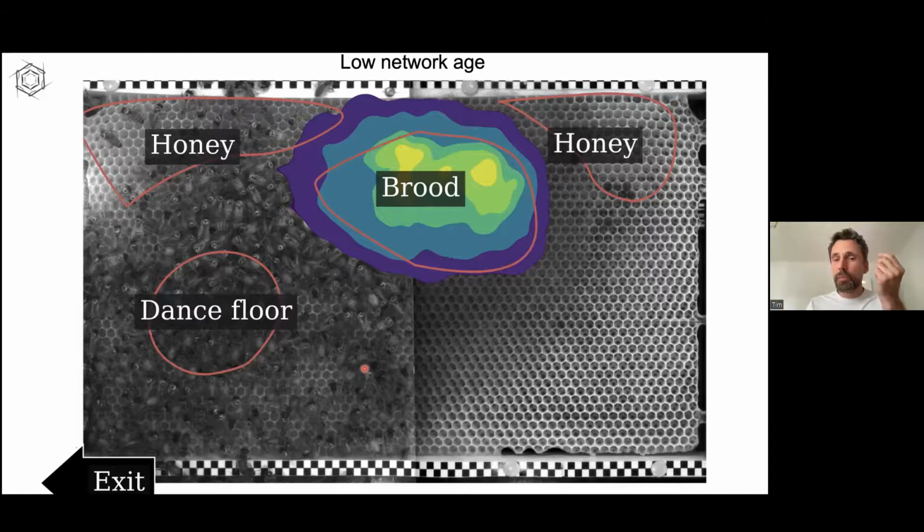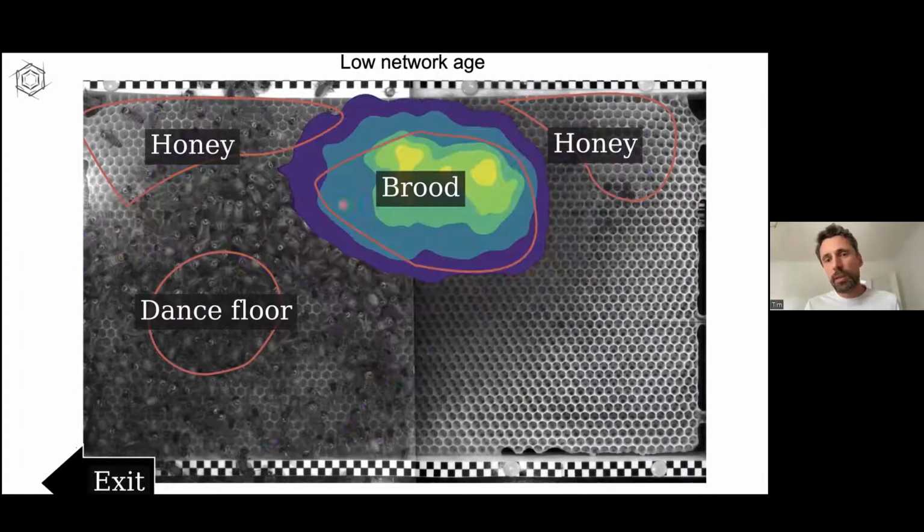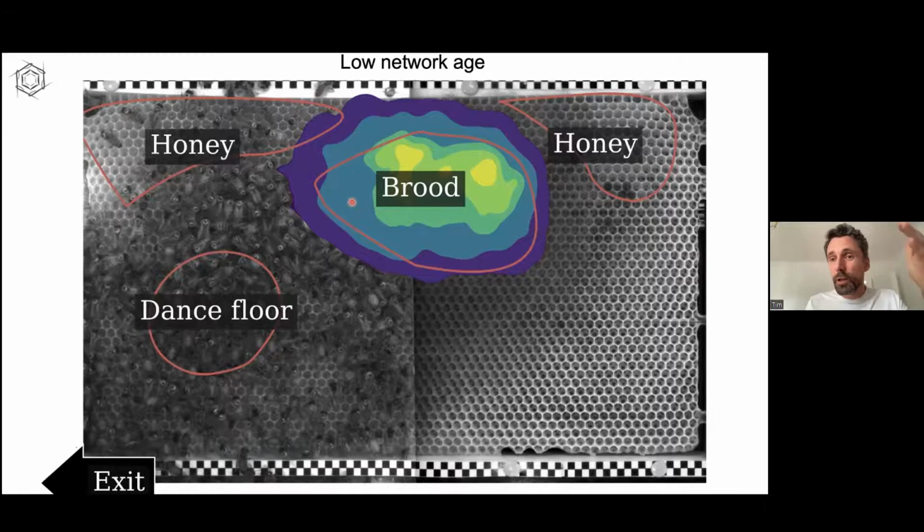And if you look at the spatial distribution of bees with that number being low, we see that they're all in the brood nest, which is something that we would expect also for biologically young bees. But if we are getting older, there's much more spread, much more variation.